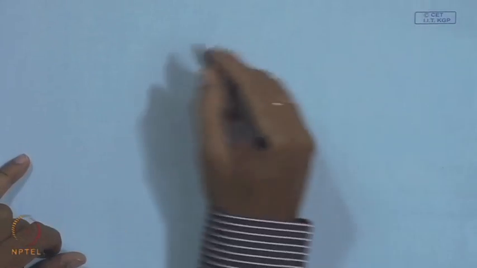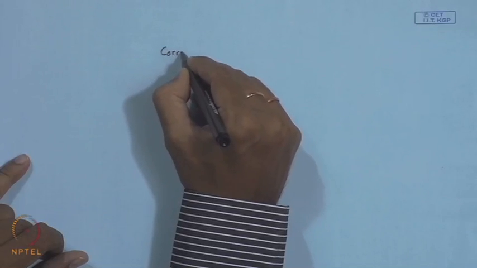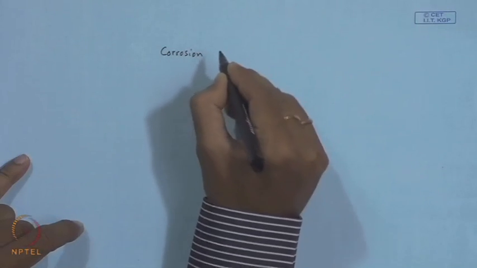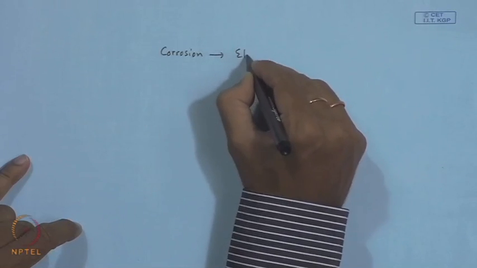This is basically an electrochemical process. Corrosion is an electrochemical process.